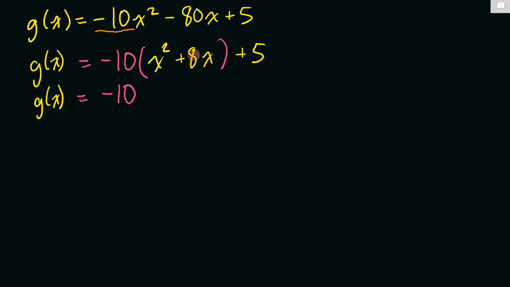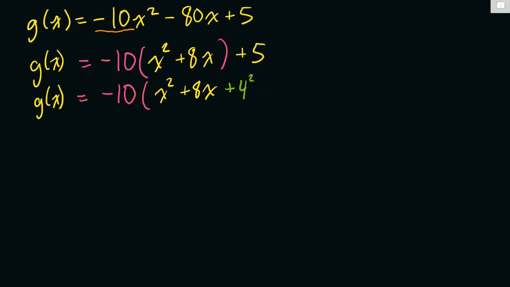Now, how do we complete the square with this 8x? What we need is half of 8, right? This thing in the middle is always going to be double the thing you square on the end. So half of 8 is 4. So we're going to have x squared plus 8x, and what we want is to add 4 squared.